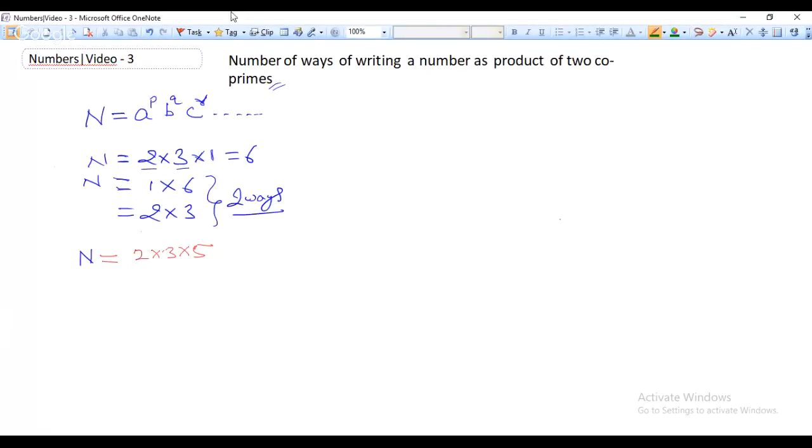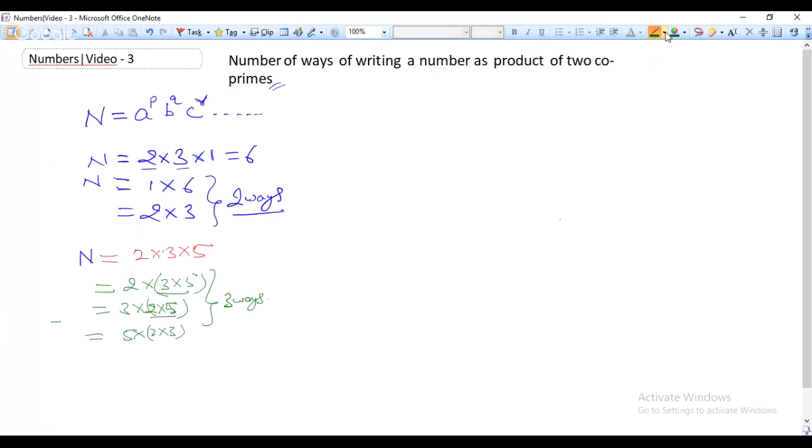Here, the number 2 into 3 into 5 can be taken as one representation, 3 into 2 into 5 as another such representation, and 5 into 2 into 3 as another such representation. So we can choose one each at a time, and these would be three ways, correct?